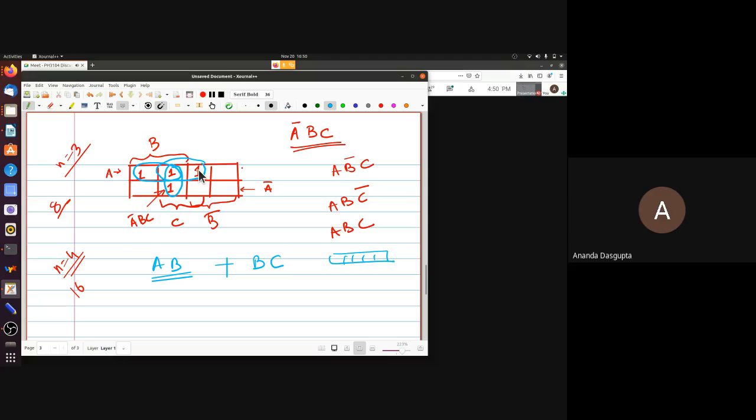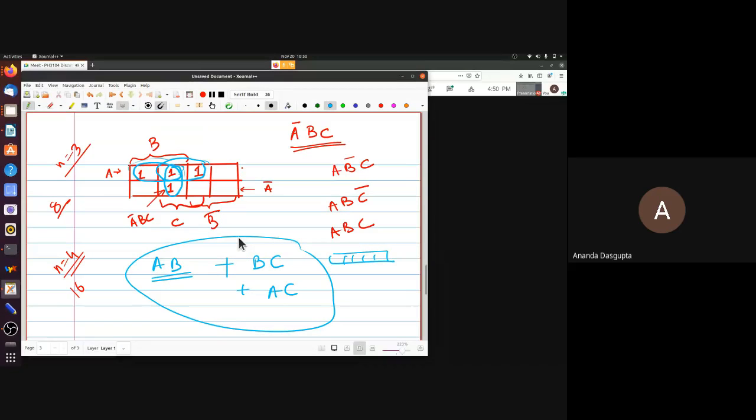But you can just visualize things and say that, okay, this is a dyad, this is a dyad, this is a dyad, and this dyad is, of course, in A, because both of them are in A. It's partly in B, partly out of B, so B doesn't feature, but both of them are in C, so that's AC. And this is a simplification, and by looking at this, you can easily figure out that there is nothing further you can do. There's nothing else that makes it simpler. So this is the simplest possibility.